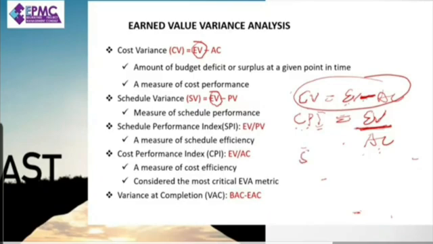If I know CV, SV is equal to, yes, go with me. SV is equal to EV minus what? Say it and you remember. Full learning, what you bring from a memory bank becomes stronger in your brain. EV minus PV. Great.